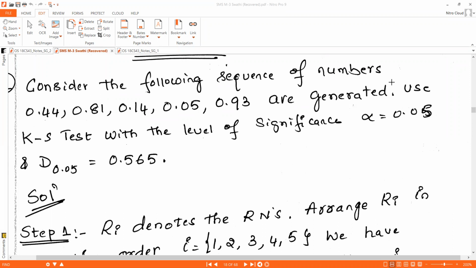0.44, 0.81, 0.14, 0.05, 0.93. Okay, these are the generated numbers.